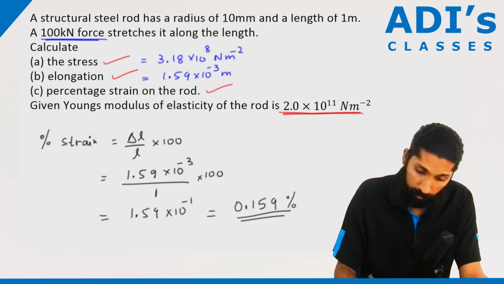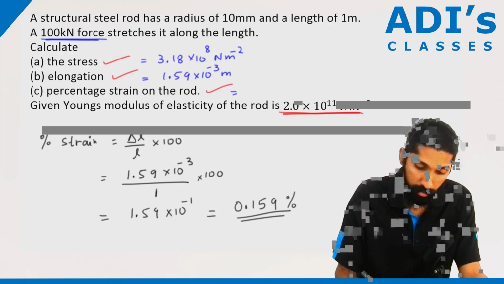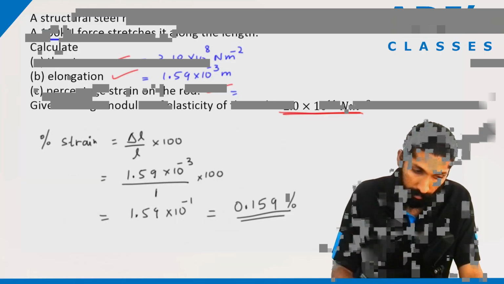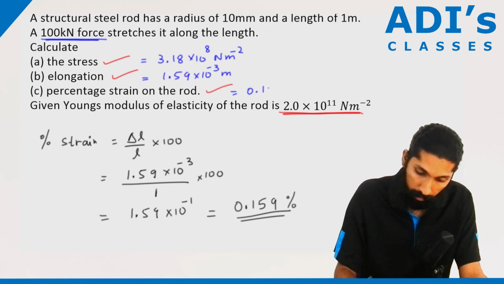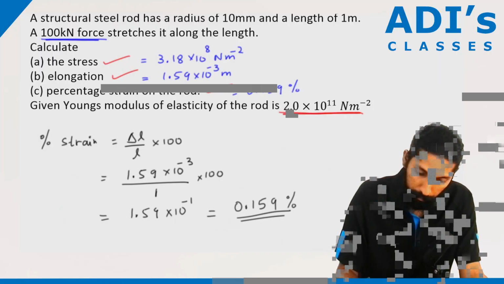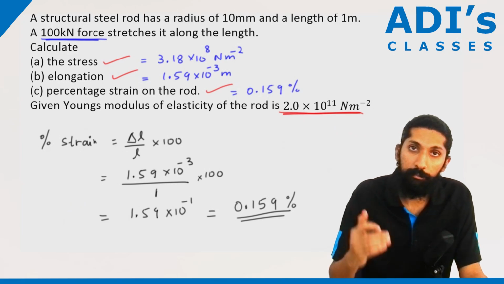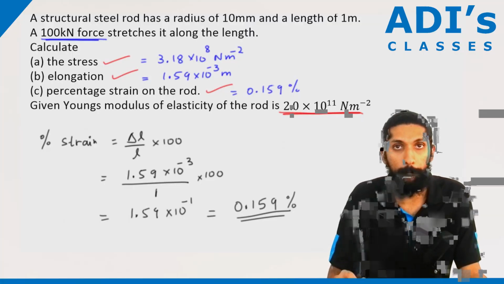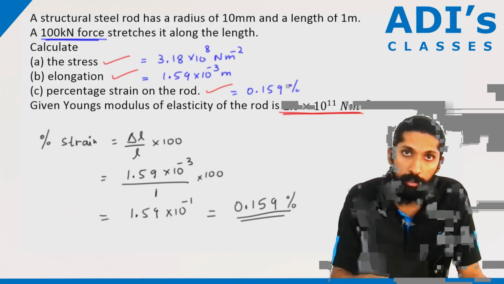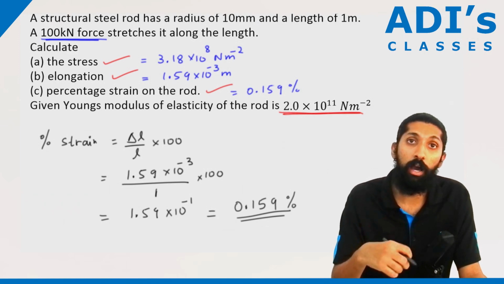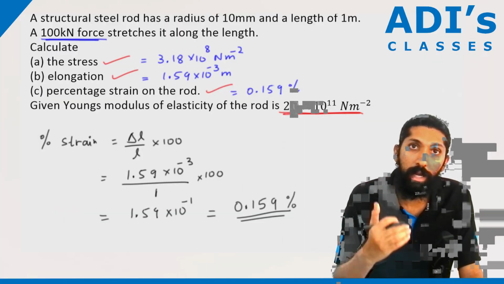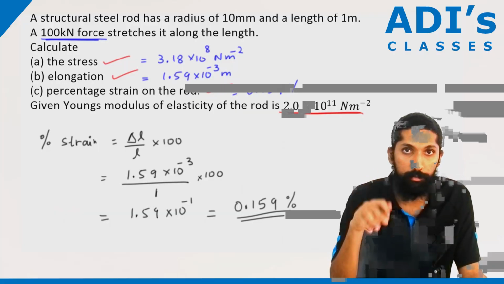And for the third one, the percentage strain on the rod, it's 0.159%. These are the answers for part A, part B, part C. Now understand the formula and see how you have to apply it in each and every problem. Alright.